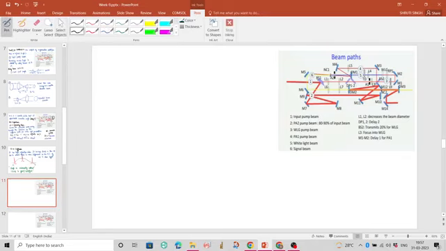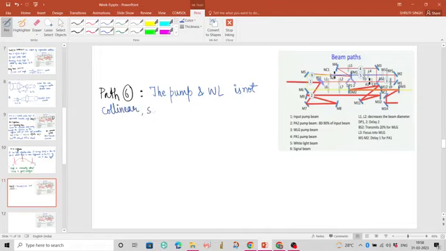This is the part 6 of the setup. Here the pump and white light are not collinear.